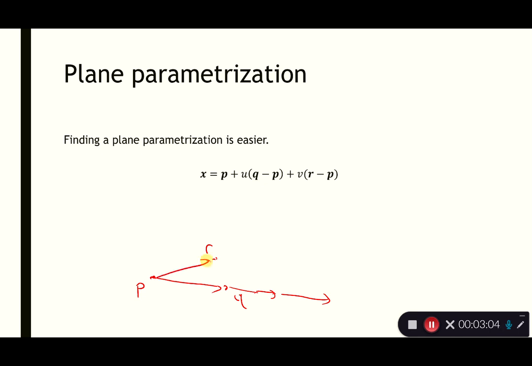And let's let this vector that goes from P to R, let's call that the north direction. And then we say, okay, if I've got u and v coordinates, like say uv is equal to 2 comma 1, then I go twice as far over in the direction from P to Q and once as far up in the direction from P to R. And that lets me at some point over here.